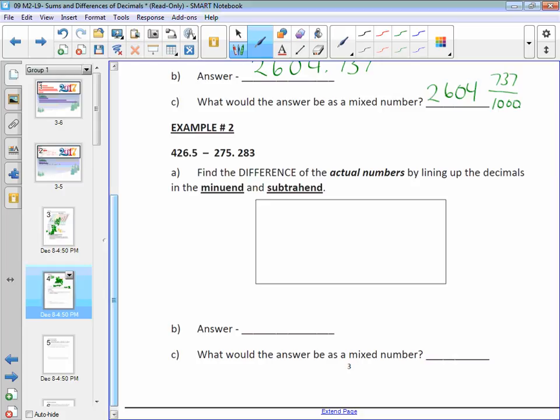All right, what do we have to do here? Add or subtract? Shane. Now the order does matter, so the first number has to go on top. I'm going to write that over again so you can see it.